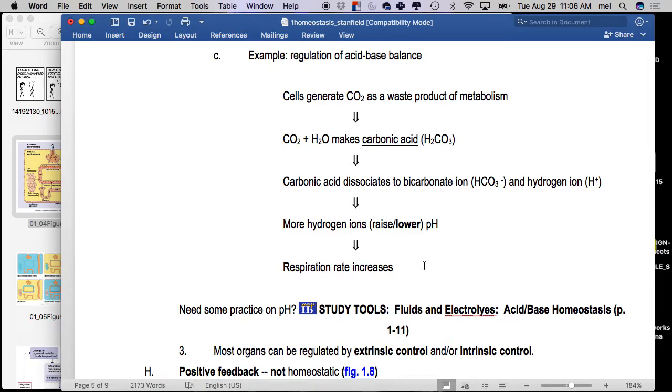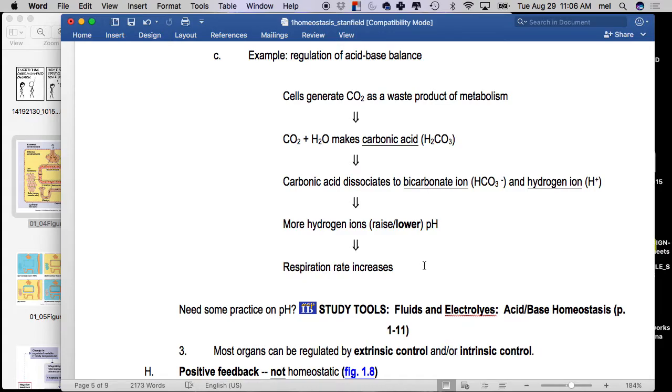What is the problem here? The problem here is with carbon dioxide and water combined, you generally make carbonic acid, and carbonic acid does what acids do, which is it dissociates to an H+ and HCO3-.